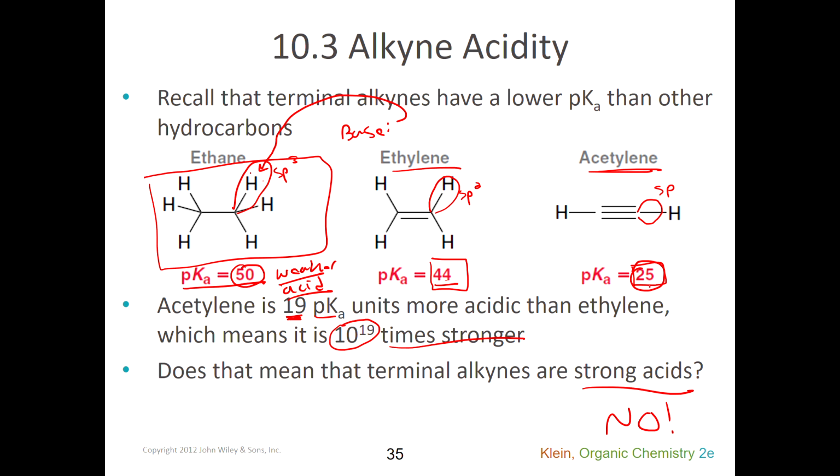But because it is a lot lower than the other two, there are some bases that are strong enough to pick this proton off that we can get access to. And when the electrons stay behind, I get a nice, relatively unstable, so it will be very reactive, nucleophile that can start to build up the complexity of my structure.